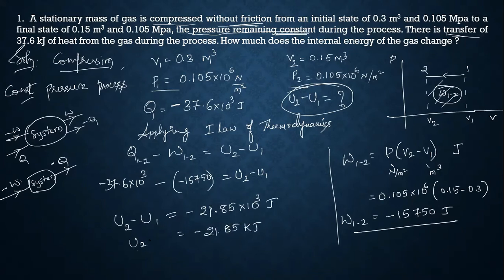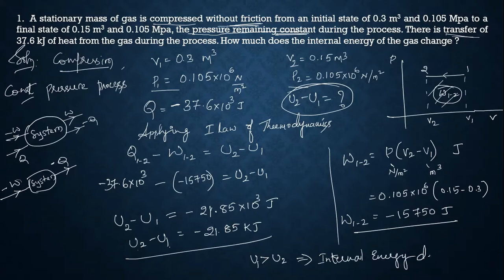This is U2 minus U1. Now you got the change in internal energy negative. That means U1 is greater than U2. Therefore, initial internal energy is greater than final internal energy. Therefore, internal energy decreases.